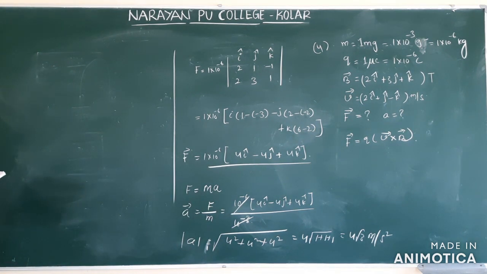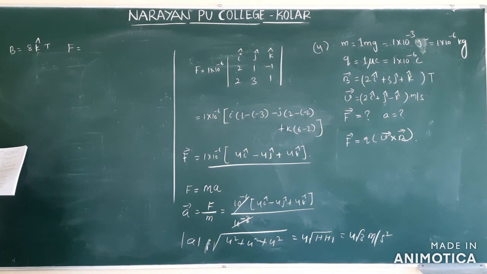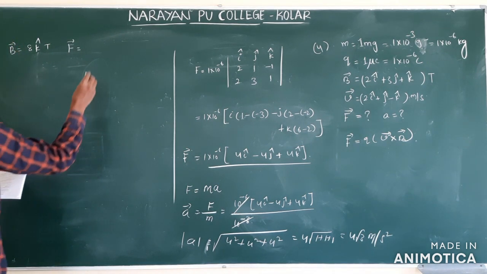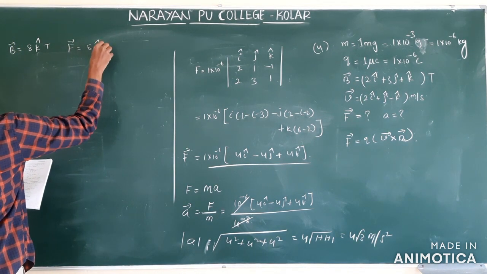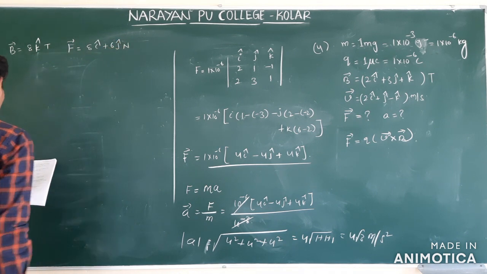A magnetic field: B is equal to 8 k cap Tesla. Next, the force exerted on the charge is equal to 8 i cap plus 6 j cap Newton.